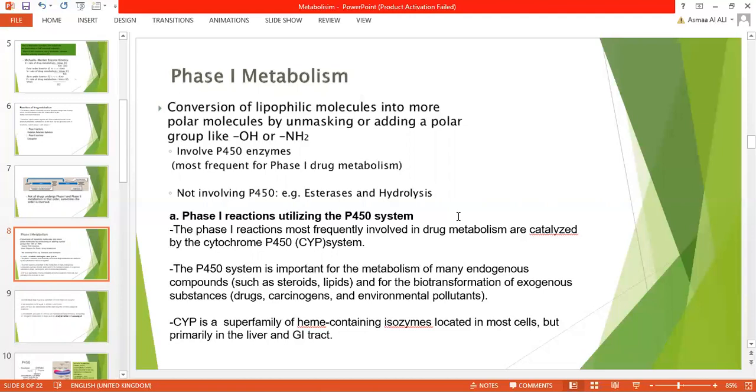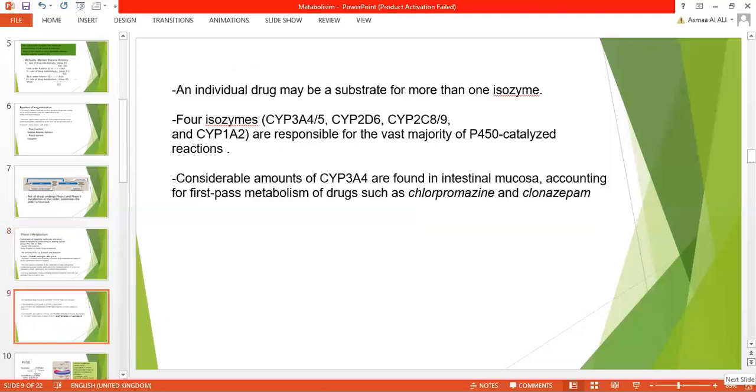So cytochrome is a superfamily of heme-containing isoenzymes located in most cells, but primarily in the liver and GI tract. This cytochrome, as we said, is very important for metabolism of endogenous and some exogenous substances. Some individual drugs may be substrates for more than one isozyme.